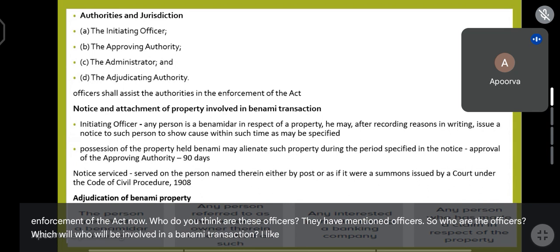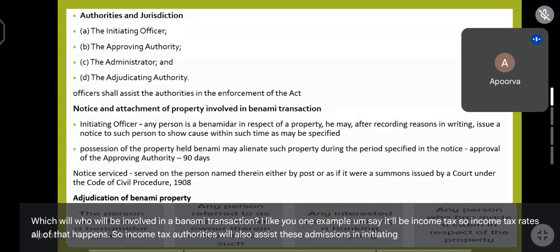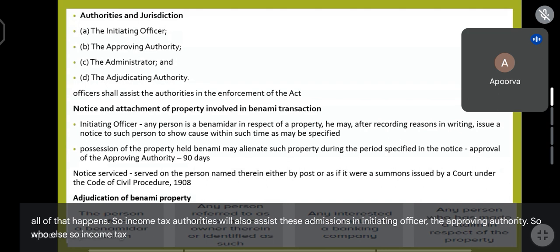I'll give you one example. Say it will be income tax. So income tax authorities will also assist the initiating officer and the approving authority. So income tax officer is one example. Who else is involved when it comes to a benami transaction?